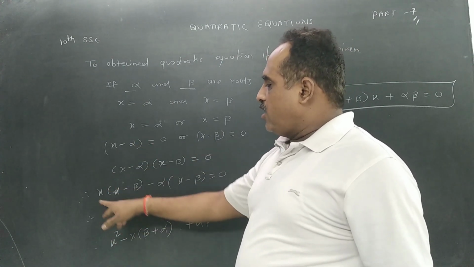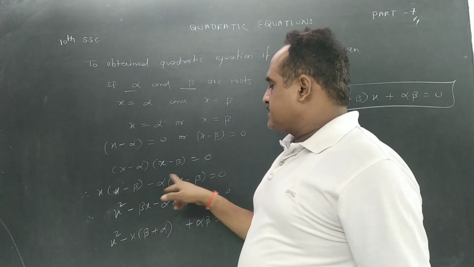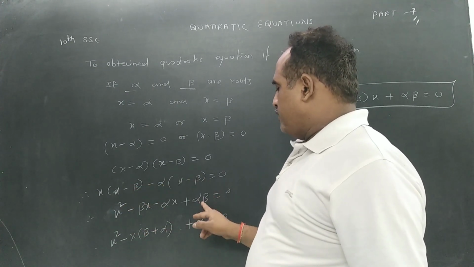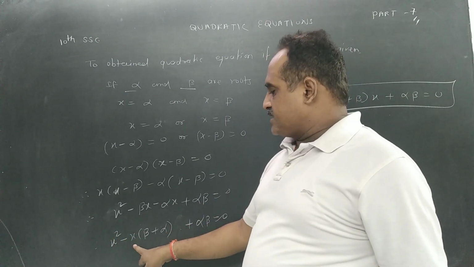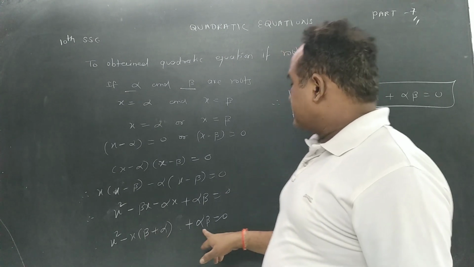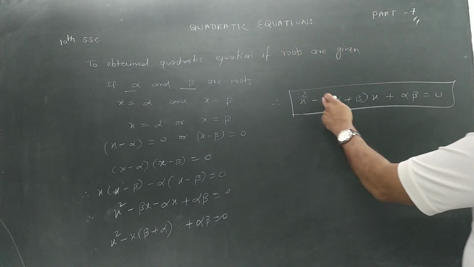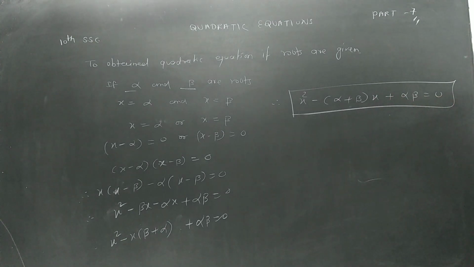And if I solve it, x into x is x square, x into beta is minus beta x, minus alpha x, alpha into beta, alpha beta. What you got now? If I am taking minus x common, and inside the bracket only beta plus alpha. So what you got now? x square minus (alpha plus beta) x plus alpha beta is equal to 0.